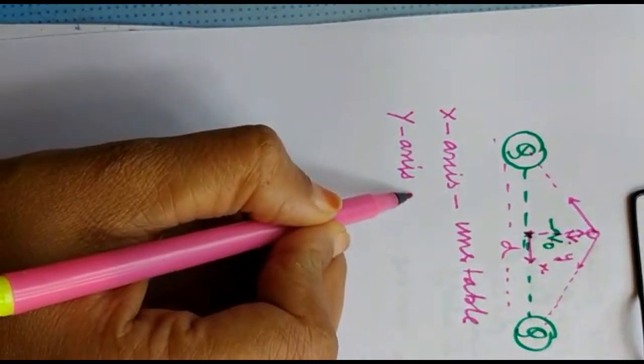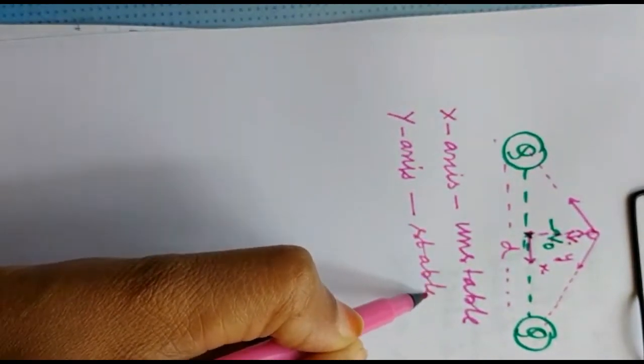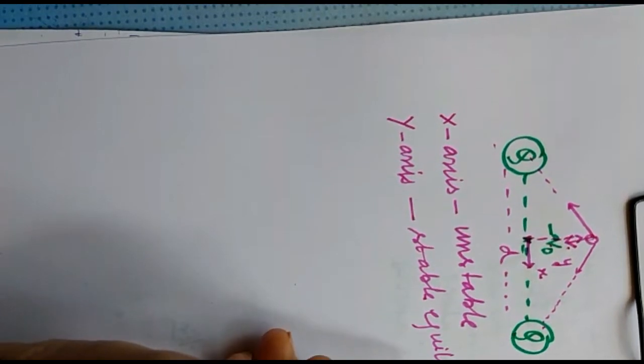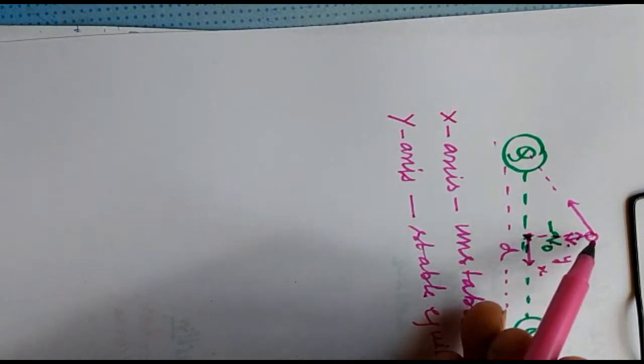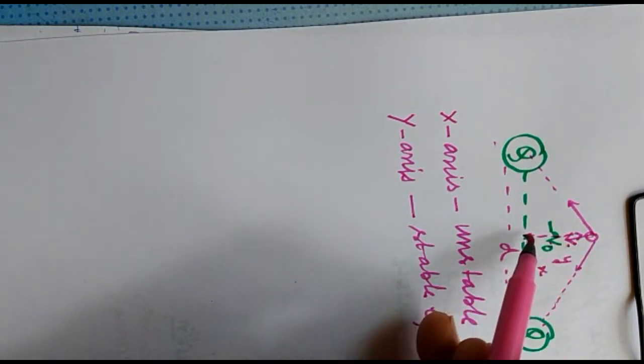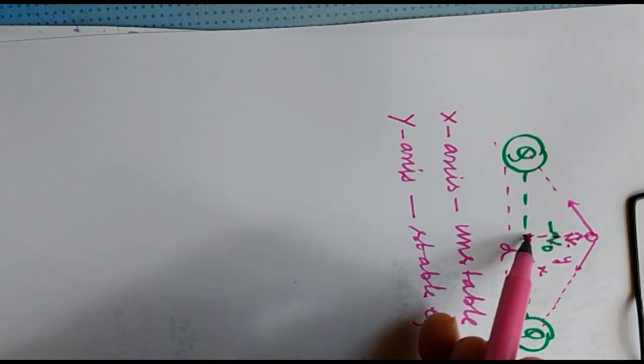Since it's coming back to the initial position, what type of equilibrium is it? It is a stable equilibrium. But sometimes they may even ask you, if it is coming back to the central position, will the charge abruptly stop here? No, because it comes down with some kinetic energy.